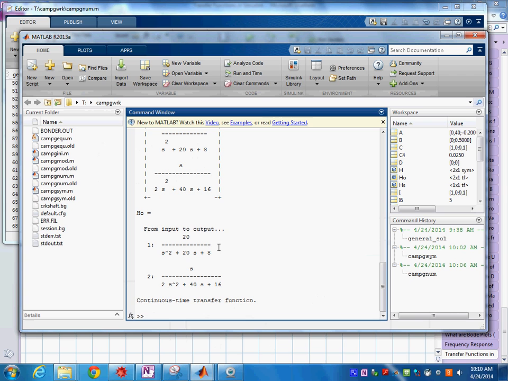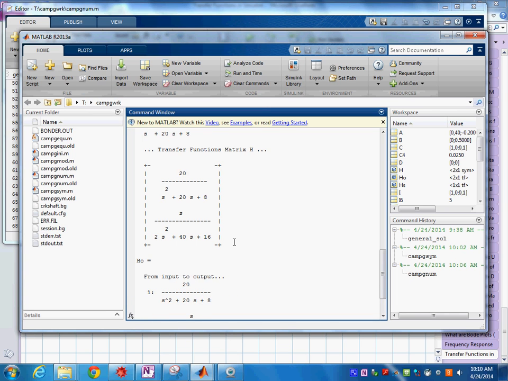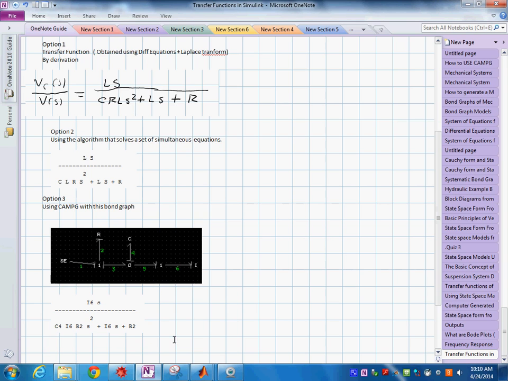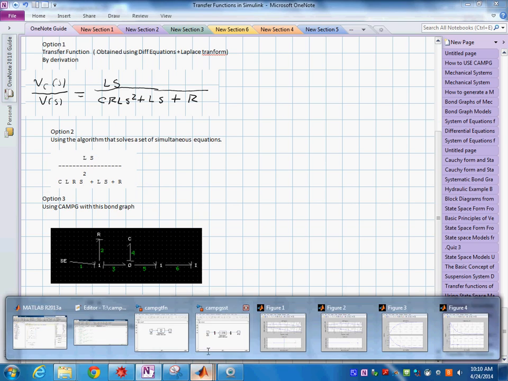But you see, these are the transfer functions, and the transfer function that we have is for the... let's see, where are we here? Yeah, this is the transfer function for the LS. So that's the transfer function that you're seeing here.